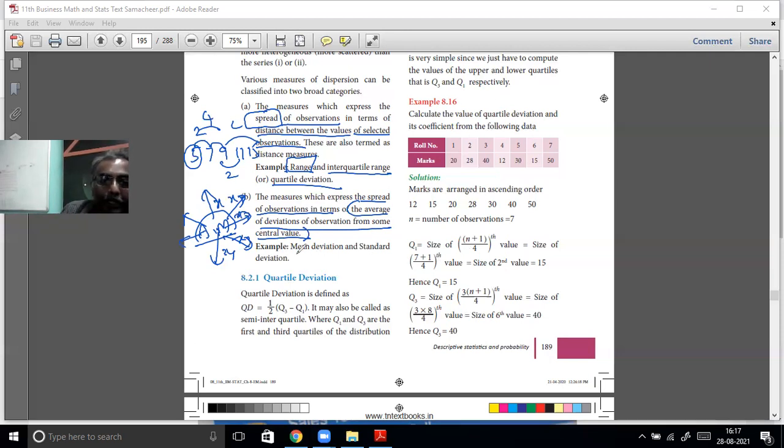That is called mean deviation, and there is another thing called standard deviation. We will not do standard deviation; we will do mean deviation. This time we will do quartile deviation and mean deviation.